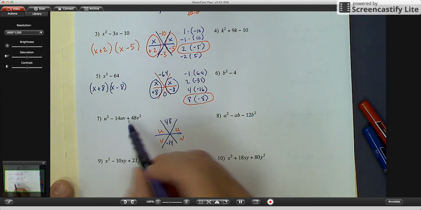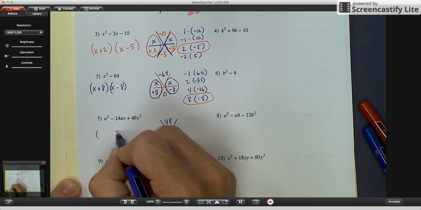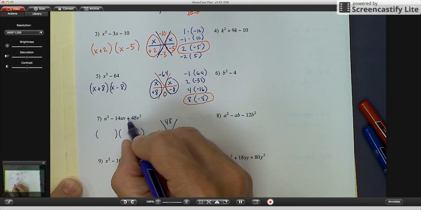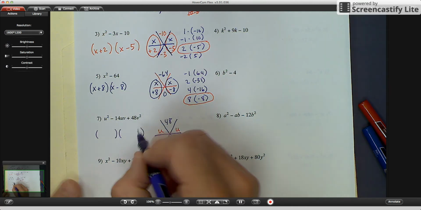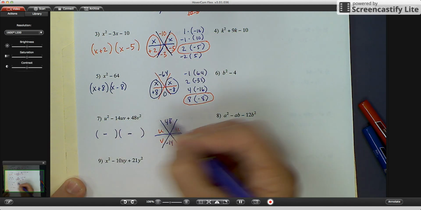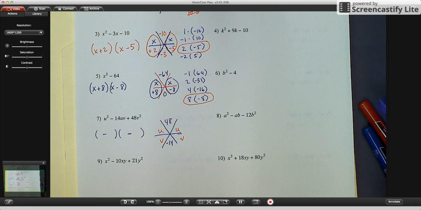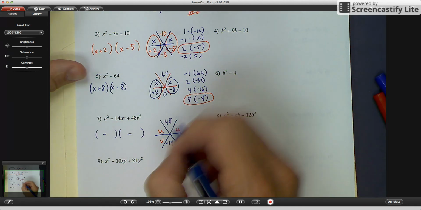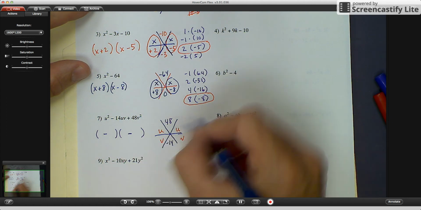And again, with our binomials, this tells us that both of them are the same. This sign tells us that they're both negative. We want to look at our signs. So now they have to both be negative.